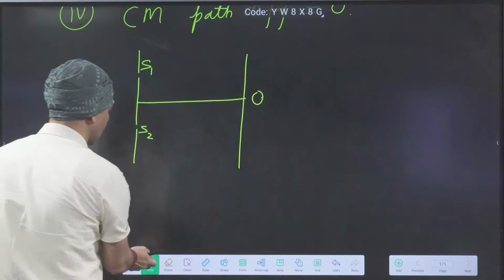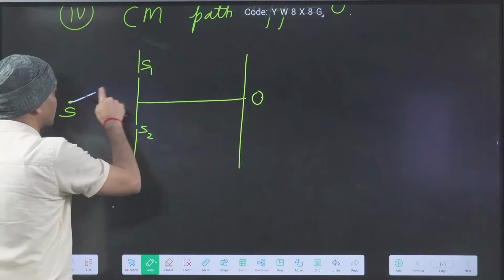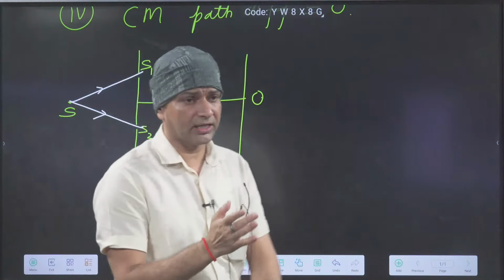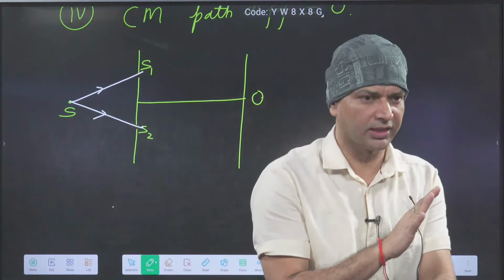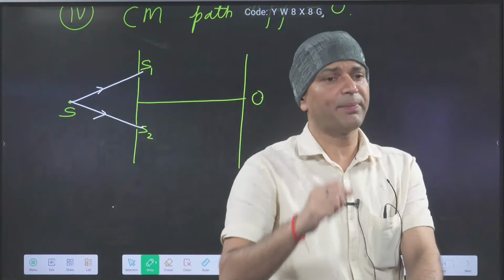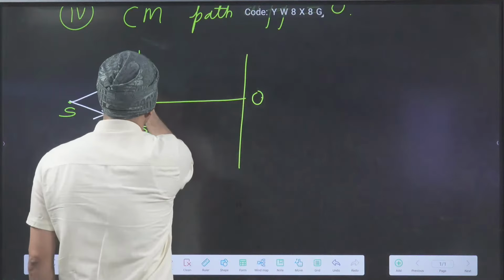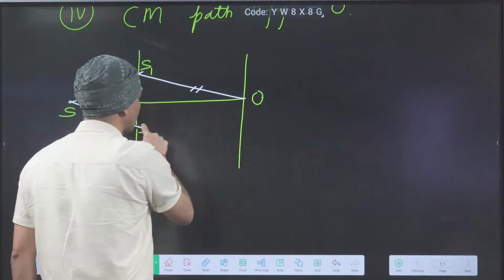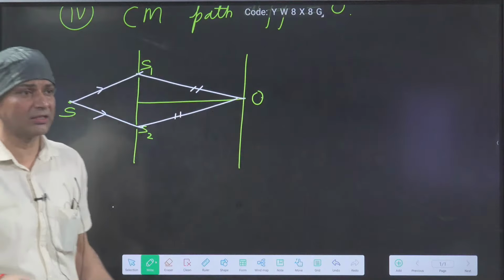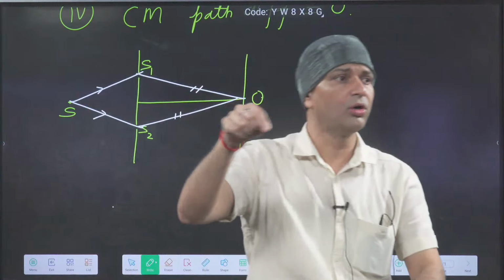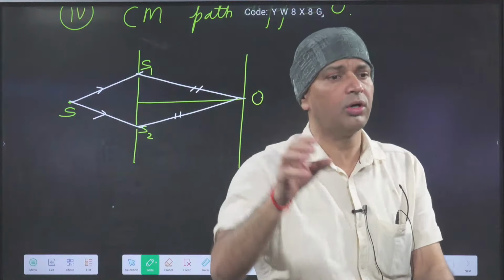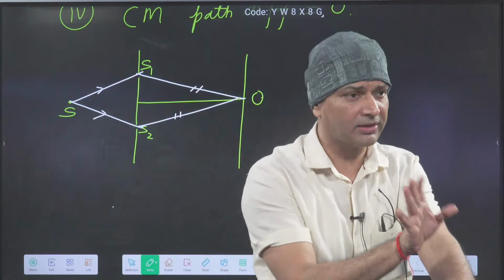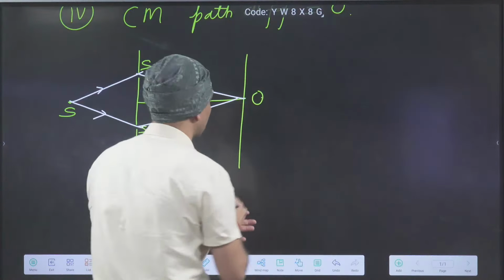So before the slit, SS1 and SS2 are equal, meaning no path difference is there. After the slit, the path difference will be zero at O, because S1O and S2O are also equal. Overall, S1O equals S2O, so we will get the central maxima at the bisector.